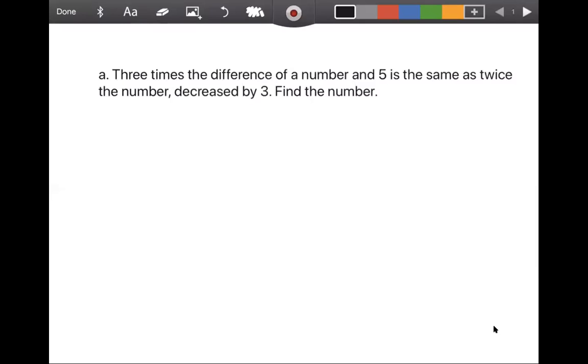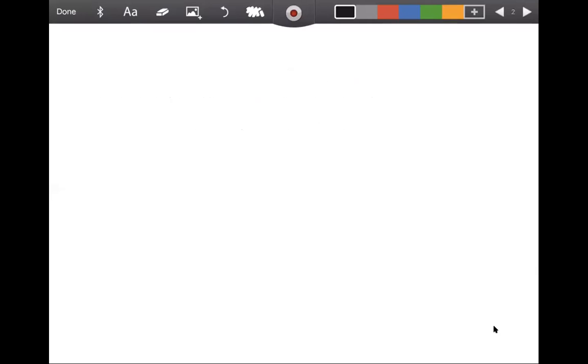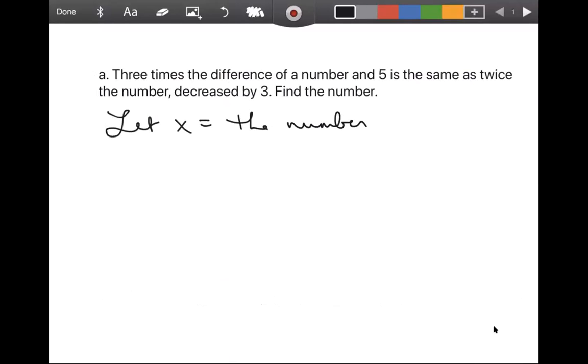So I'm going to start by saying let X equal the number. And then I'm going to skip to the next page at the very bottom, and I'm going to write the number is blank. So this will give me plenty of room to do the problem, check my answer, and feel really good about my answer.